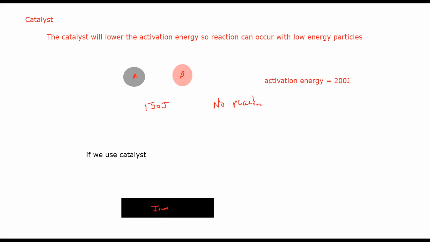So I use iron here. If you use a catalyst, the catalyst will decrease the bond strength within reactants.